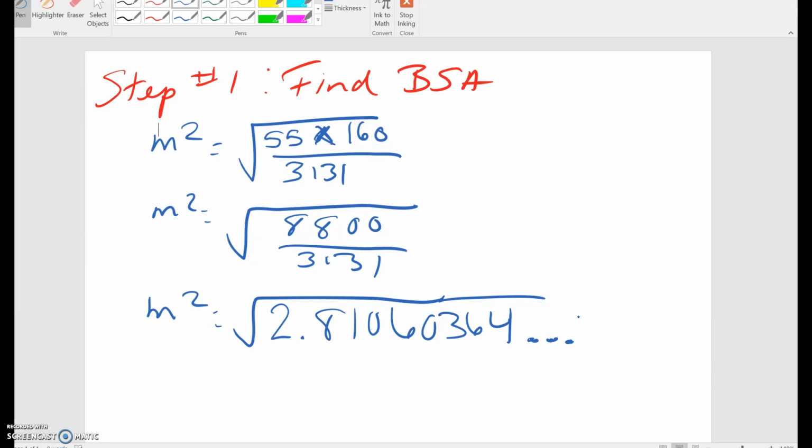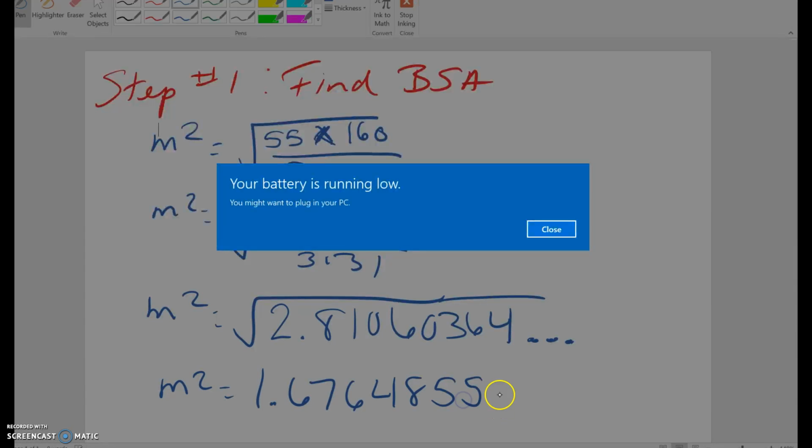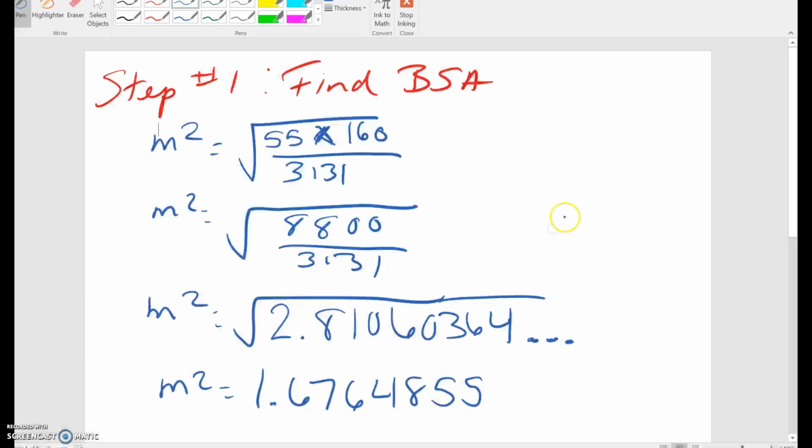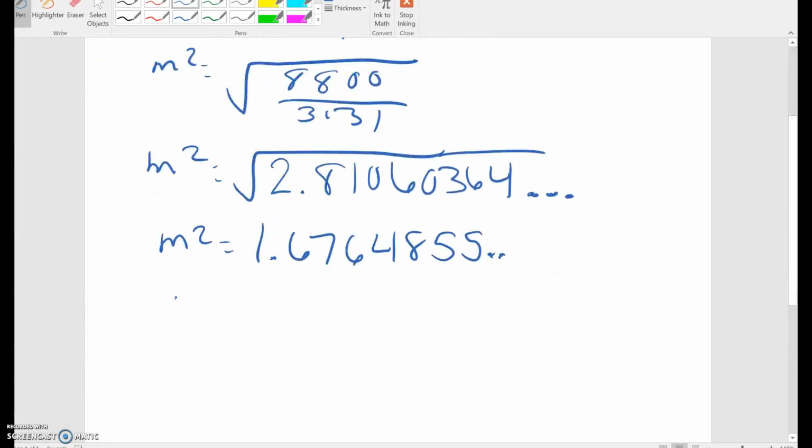You're going to take the square root of that entire number, and I get like 1.676485. Again, you have to make sure that you round your body surface area to the hundredths place, so your final answer should be 1.68 meters squared.